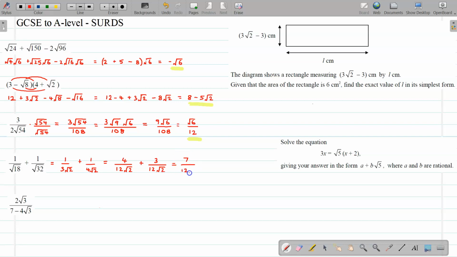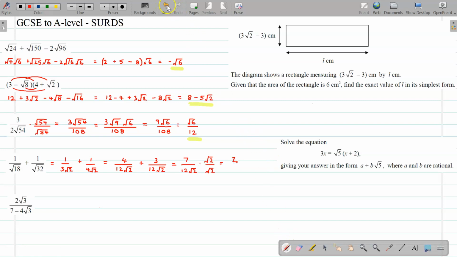And I now have to rationalize the denominator by timesing it by root 2 over root 2. So if I just put that there, root 2 over root 2, that will give me a denominator that's now a rational number, and that gives me 7 root 2 on the top.